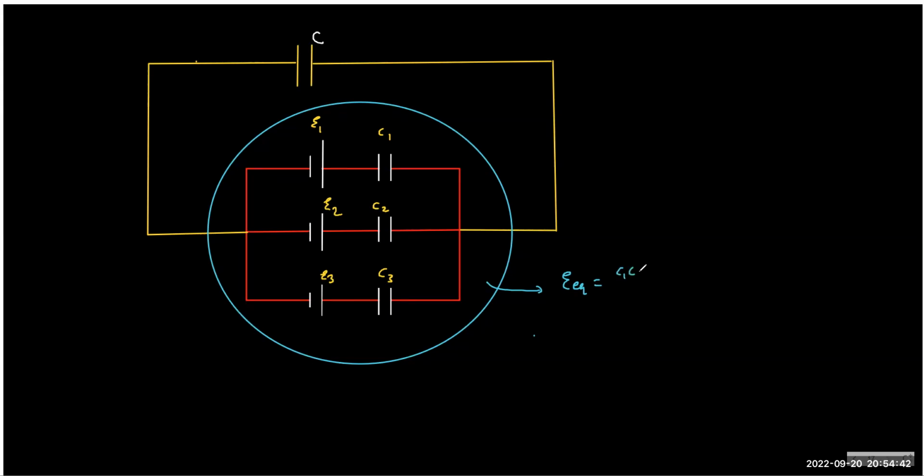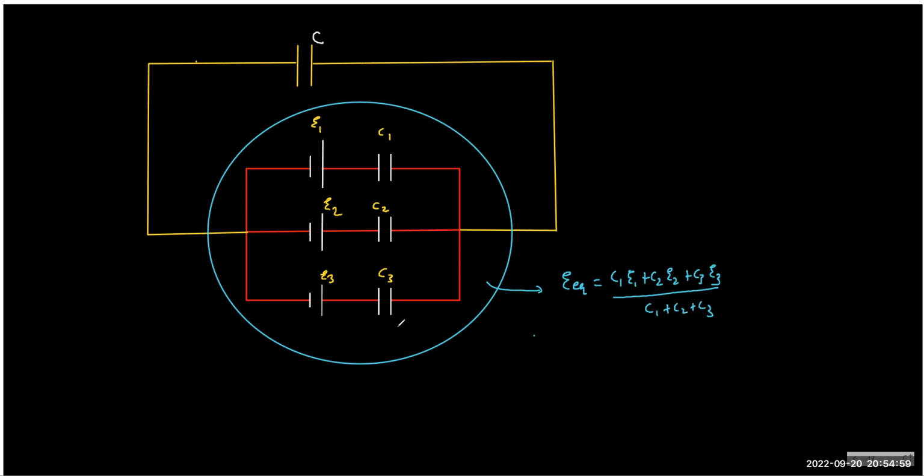It will be C1 E1 plus C2 E2 plus C3 E3 upon C1 plus C2 plus C3.